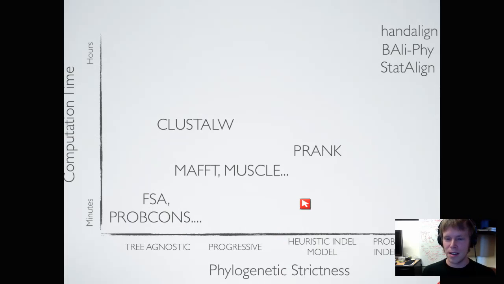And the general trend is that the more attention you pay to the tree and the stricter your notion of the evolution of the sequences, the more time it's going to take to compute an alignment.